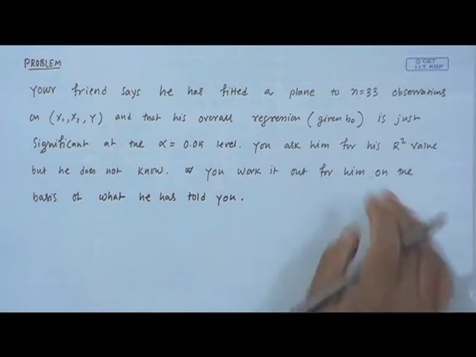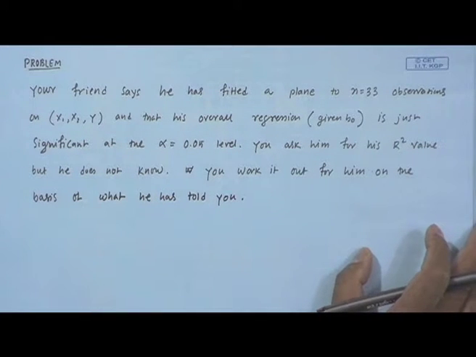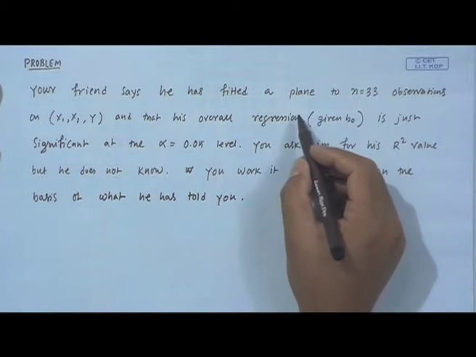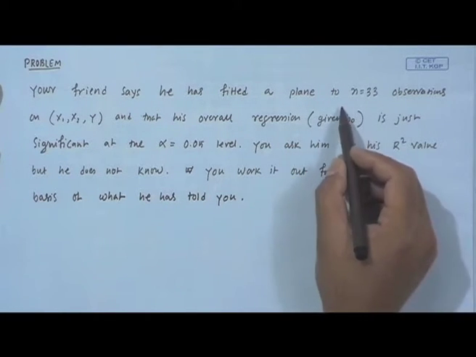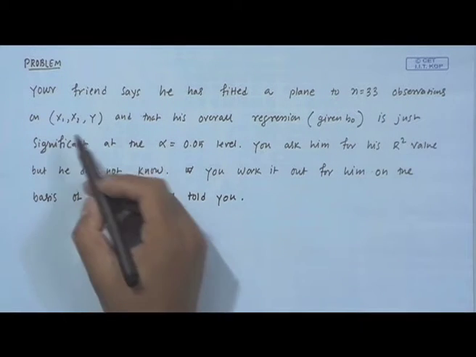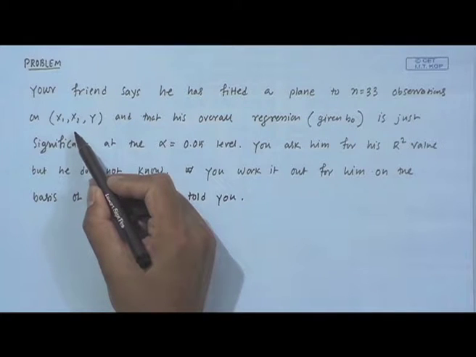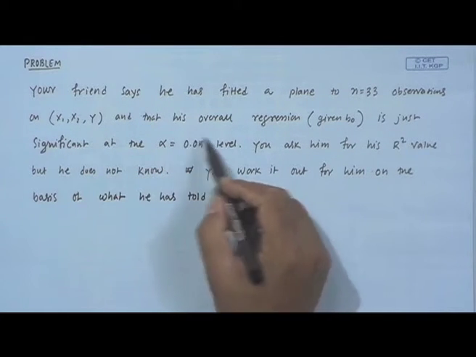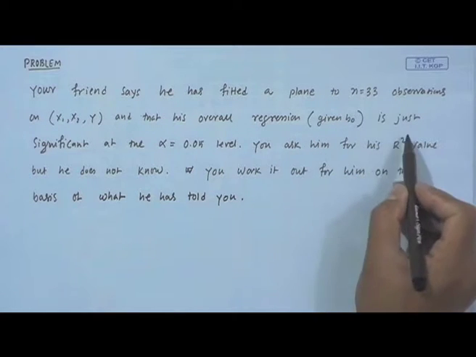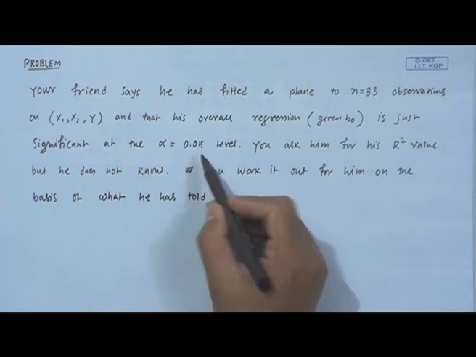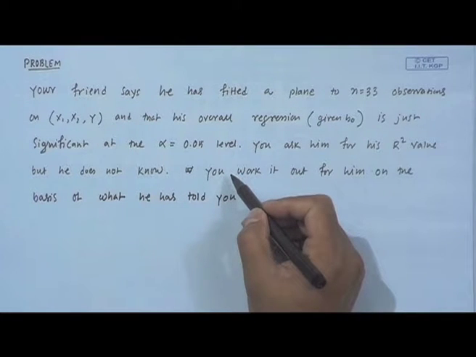The problem says that your friend says he has fitted a plane to 33 observations on x 1, x 2 and y, and his overall regression is just significant at 0.05 level of significance.